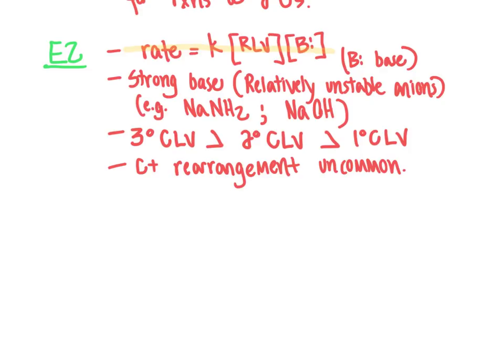Similarly here for the E2, with this rather analogous rate equation, what's going to happen is that the base comes in and attacks a beta proton at the same moment that the leaving group is leaving. So just like an SN2 reaction, this is a one-step mechanism. So let's take a look at our reaction that can occur here. So we're going to do an example problem.